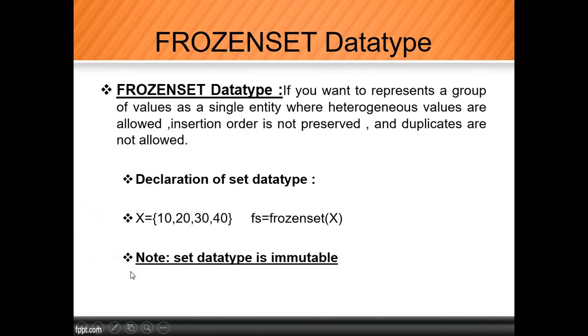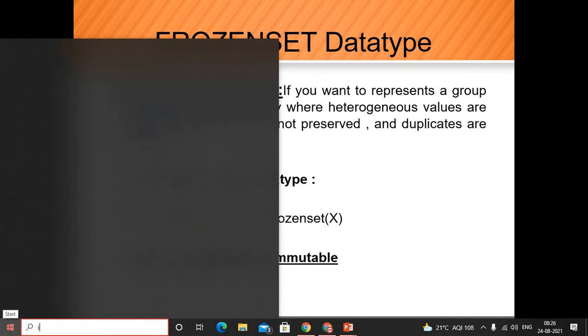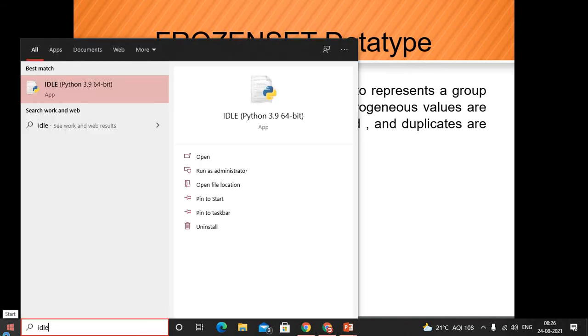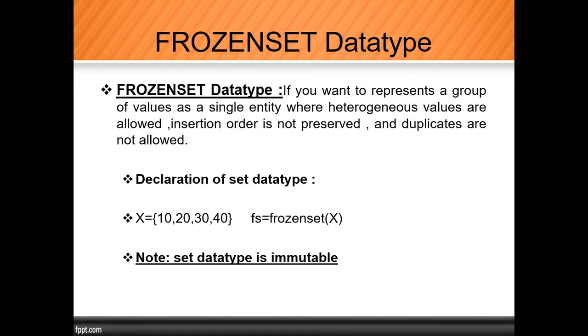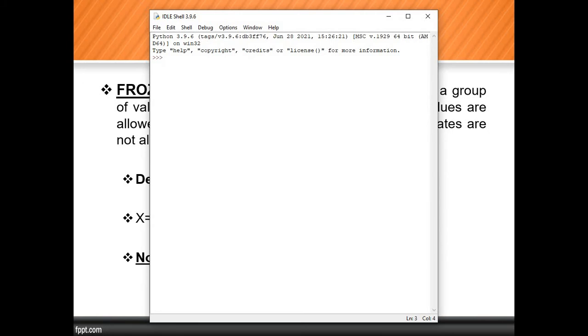Okay, so let's do one more example. I will use s is equal to some values, 10, 20, 30, 40. So I'm using these values. Once we store them, we'll convert it into a frozenset.